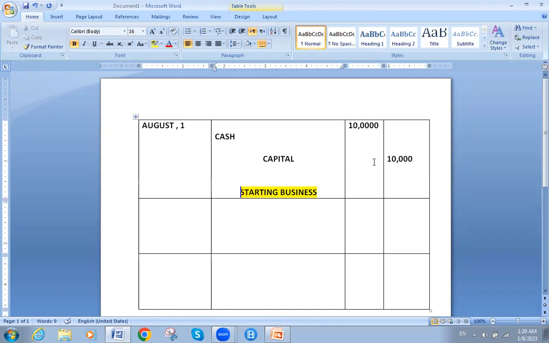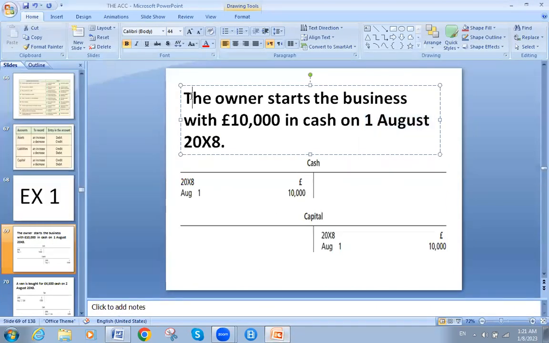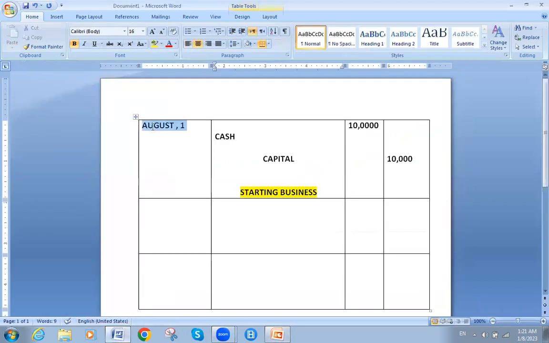So here, this is our first piece of work today. Again, I would say the transaction like this: the owner starts business with 10,000 in cash on August 1. So I will take August 1 and put it here. Once we start the business, we start by increasing the cash.